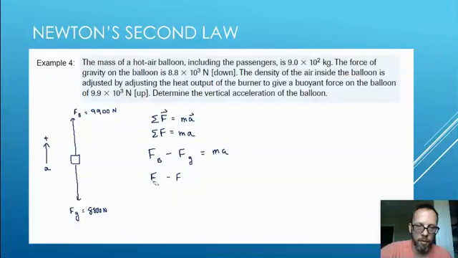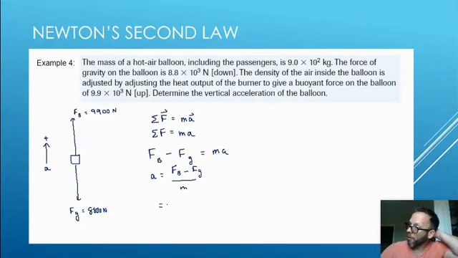That's great. What I prefer to do with these problems is I prefer to rearrange for what I'm solving for, which is a, and then plug in. So a equals FB minus Fg over m. And now I'll plug in. I do this because if I wanted to vary some of the parameters in the problem, I wouldn't have to resolve the problem. I would just go back to this point here, my formula for a, and I can just replug in.